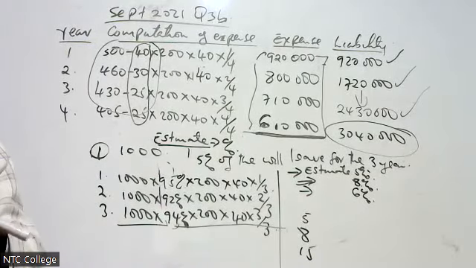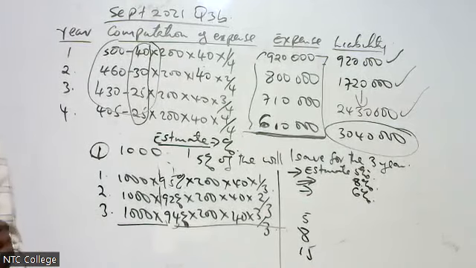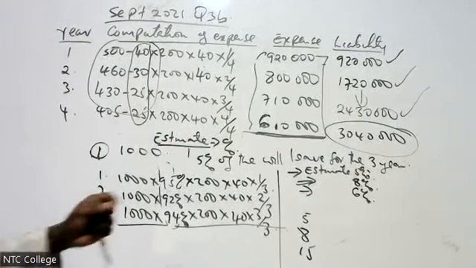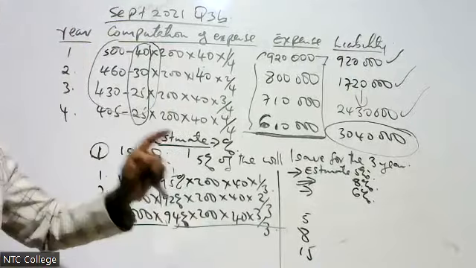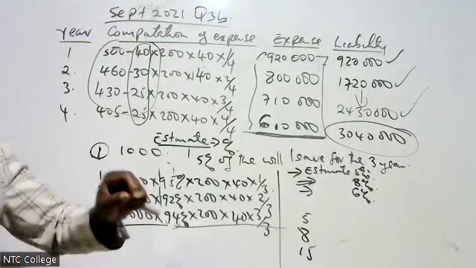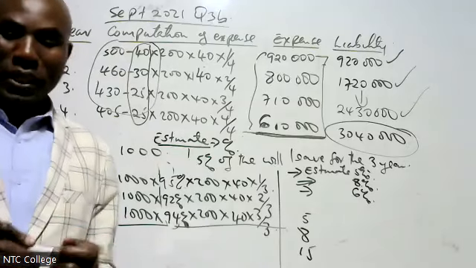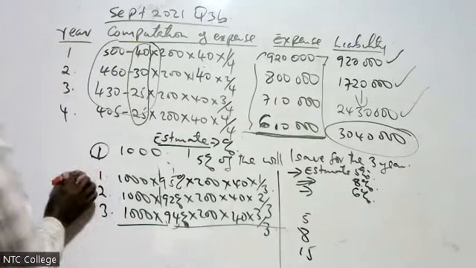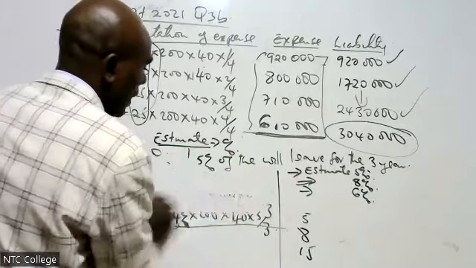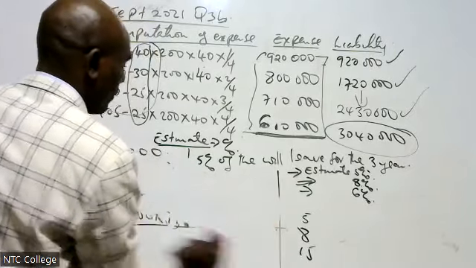But when we come to year three, the examiner is telling us that the human resource department showed that 5 employees left in year one, 8 in year two, 15 in year three. What do we do here? Let me show you what you do here.